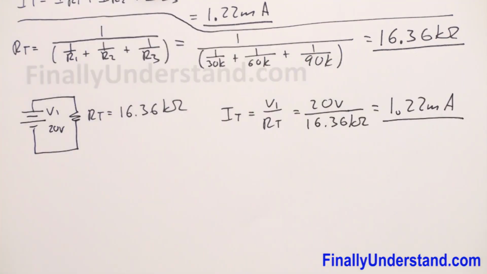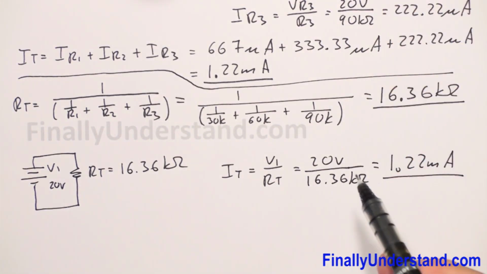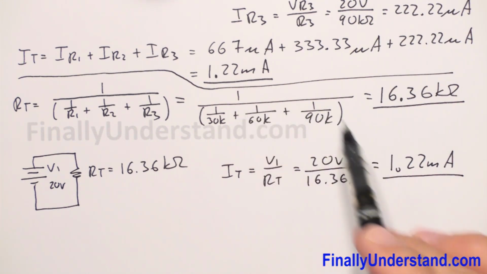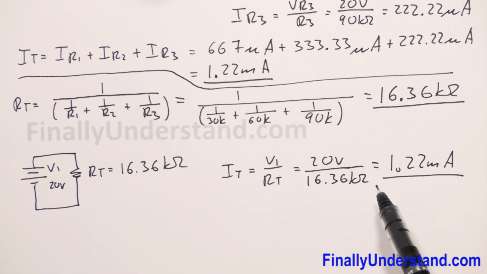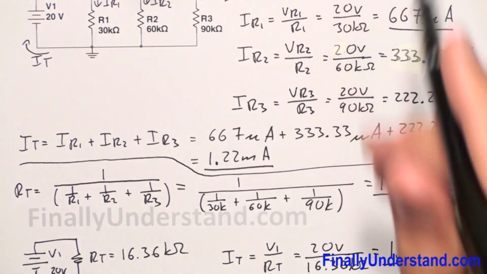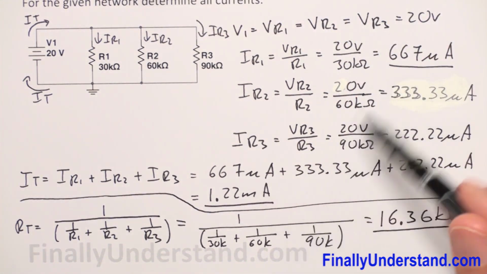Please notice that we got total current by using 2 different ways, and we got the same result. So it means that our solutions are correct. These are simply the answers to our problem.